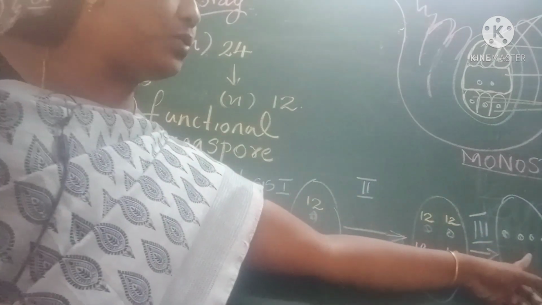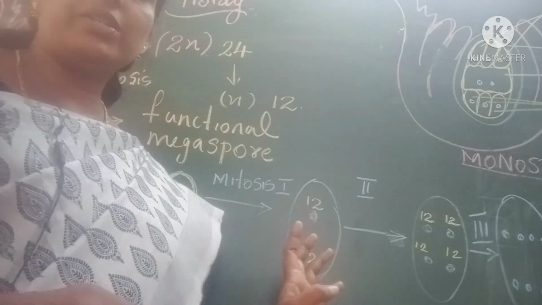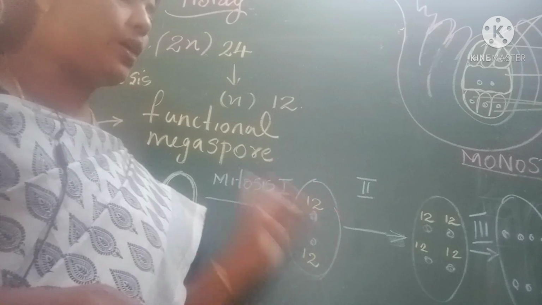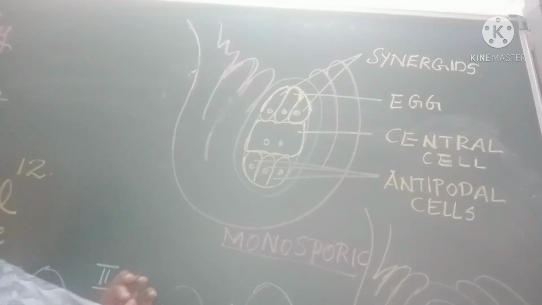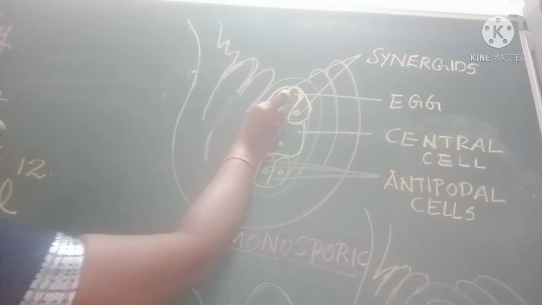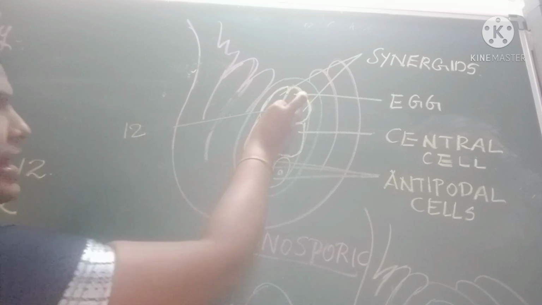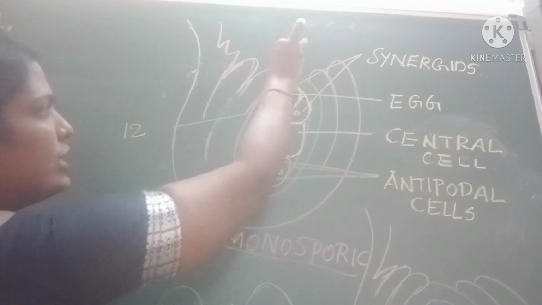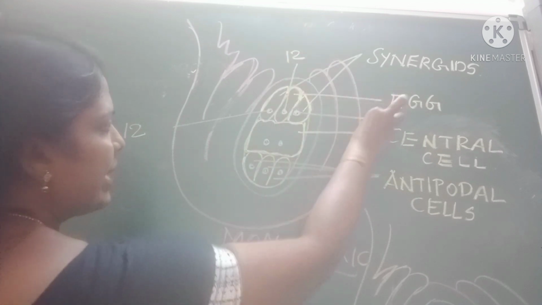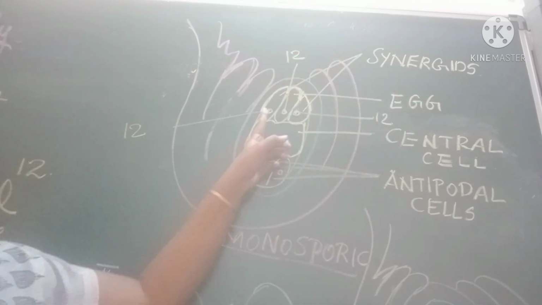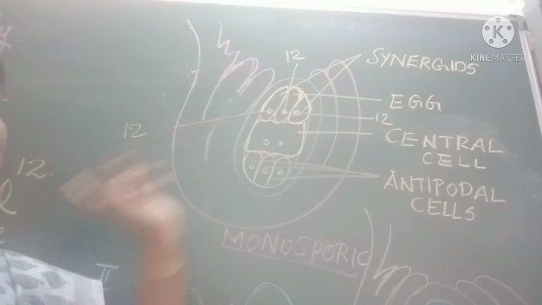And in the 8-nucleate condition also, each nucleus should consist of 12 chromosomes. In the egg apparatus also, each one should consist of 12 chromosomes. Egg should consist of 12 chromosomes. Then the synergid also consists of 12.